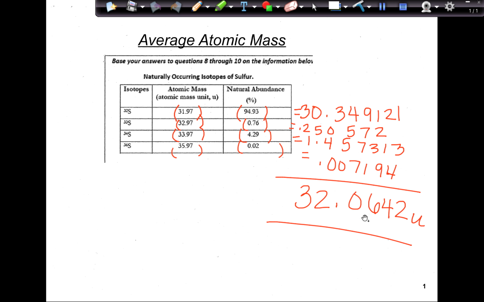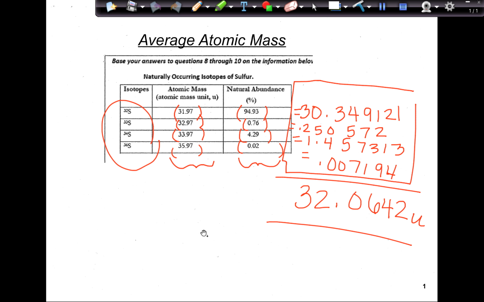That number of atomic mass units is the average atomic mass of sulfur, because these are the isotopes, these are the masses, and the percentages of the naturally occurring isotopes. Percent times the mass, percent times the mass, percent times the mass, we add all of those up. And when we add them up, we get the weighted average, which is the average atomic mass.